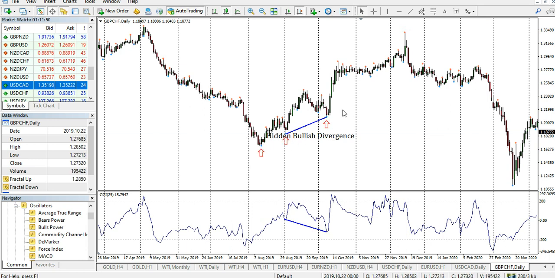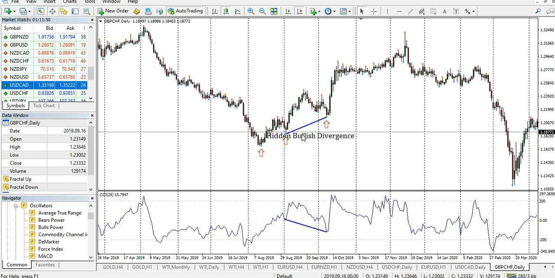So this is a bullish trend. You're making higher highs and higher lows, so you're making higher lows down here, all right? Now, this helps you to identify that you are in an uptrend, you're in a bullish trend.